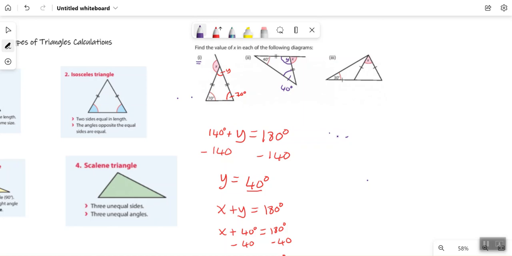So 40 and 40 is 80 degrees, plus y, and they all have to add up to 180. Now we can solve for y. We want to get y on its own, so we minus 80 from this side and minus 80 from this side. These will cancel out, and y is going to be equal to 100 degrees. Then we want to work out what x is.